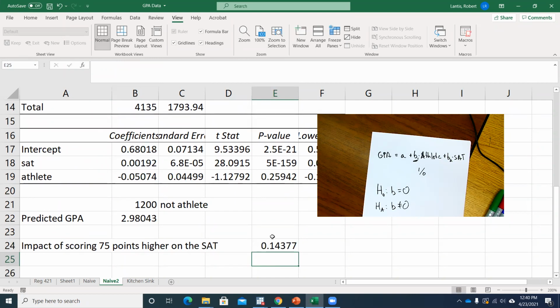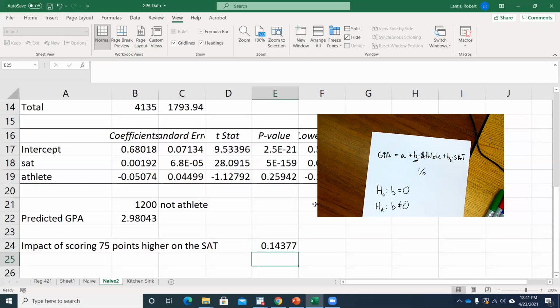I could do this for other variables as well. If I know the interpretation of my coefficient is the effect of 1 unit, finding the effect of more than 1 unit is simply multiplying that by whatever number of units I'm interested in. Okay. Any other questions on anything there?